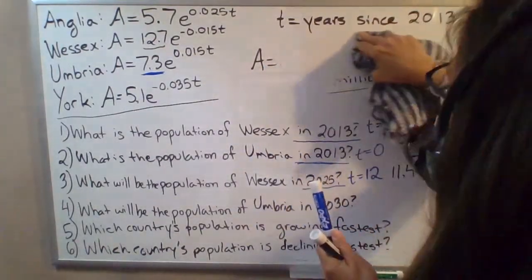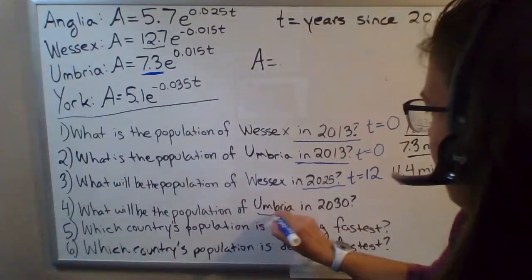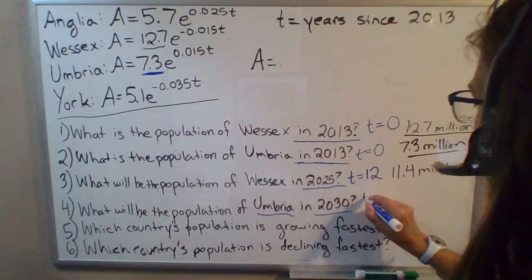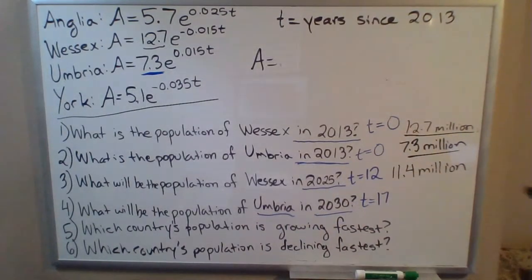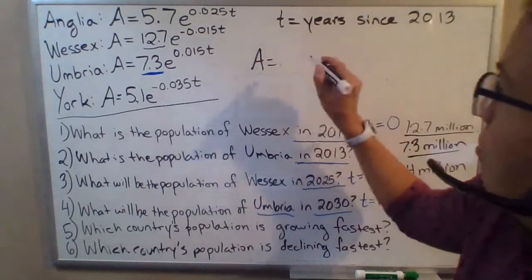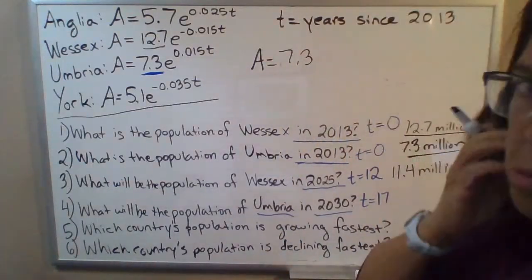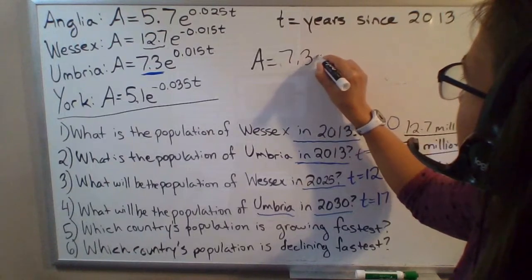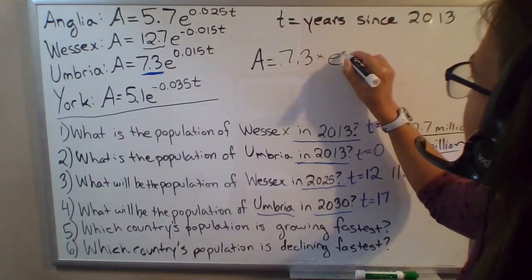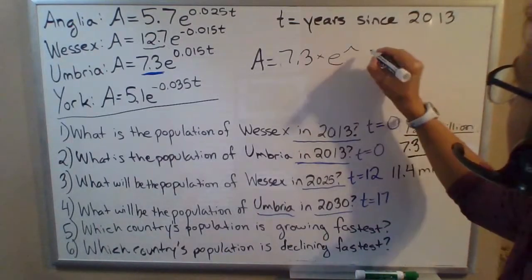But same basic idea. So population of Umbria in 2030: t is years since 2013, so that's 17 years later. Plug that into your Umbria function, 7.3. Now I'll write this more the way it's going to look when you input it into your calculator. So 7.3 times e to the, so it'll probably look something like that once you put it into your calculator.